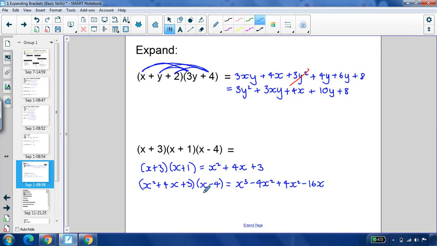Then the 3 part, I'll have 3x and then minus 12. So collecting the like terms, x cubed. These two are going to cancel because I've got a negative 4x squared and a 4x squared. And then I've got minus 16x, add 3x, which will be minus 13x. And then I've got a minus 12.